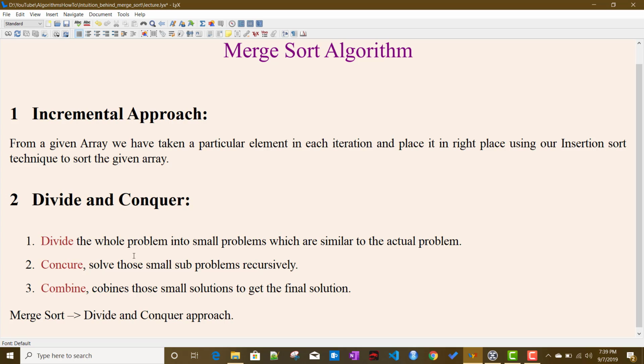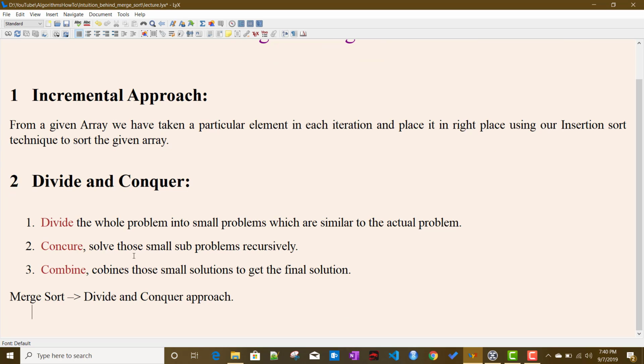So if I write it down, in the divide stage, we divide the input array into sub arrays.